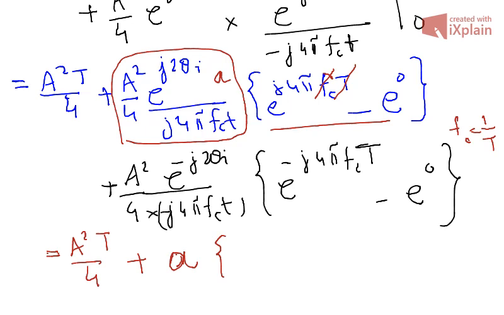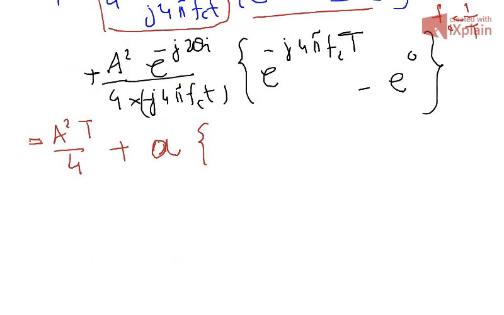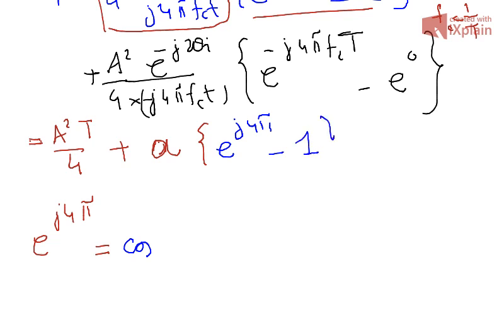So you have e raised to the power j4π. e raised to the power j4π is equal to 1. How? How is e raised to the power j4π equal to 1? By Euler's identity, e raised to the power j4π, and then e raised to the power 0 is 1, right?